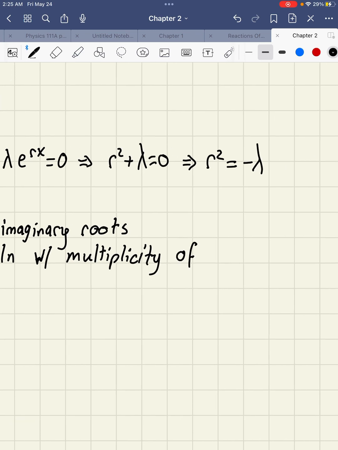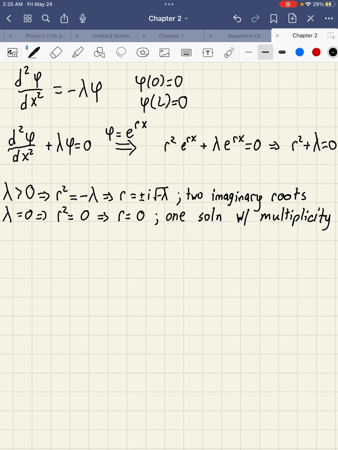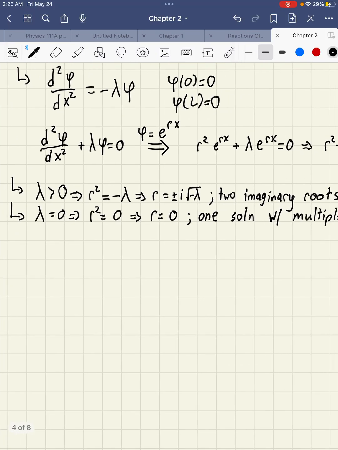So you have 2 roots: one is 0, the other one is 0 as well.